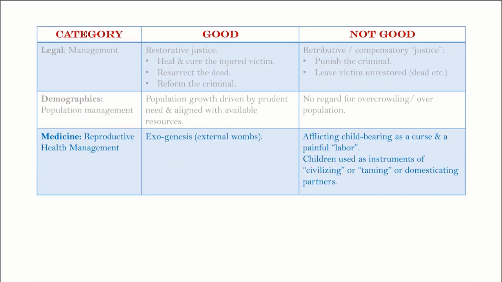Next, we come to areas of reproductive health. Presently, we use children as instruments of civilizing and taming or domesticating both men and women. The Bible refers to the misfortunes afflicting Eve, the curse of childbirth.